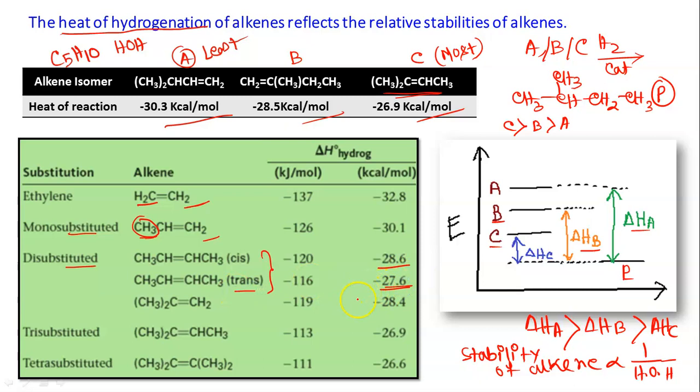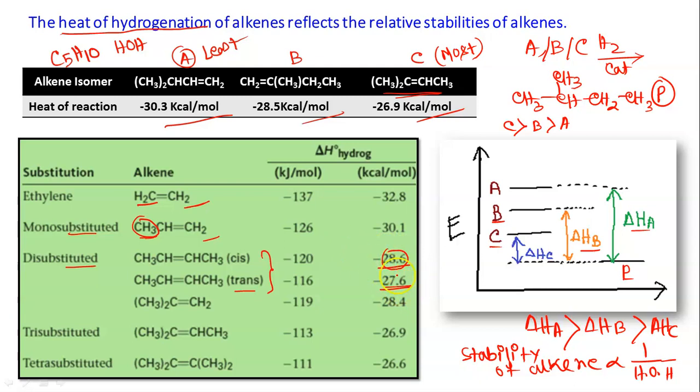And remember why there is always a negative sign: because this is the energy liberated. It is an exothermic reaction, the product having lesser energy compared to the starting material. So that is why energy is liberated and there is a negative sign. The negative sign is common, but we have to focus on the numerical value. The numerical value is always more when the alkene is less stable.